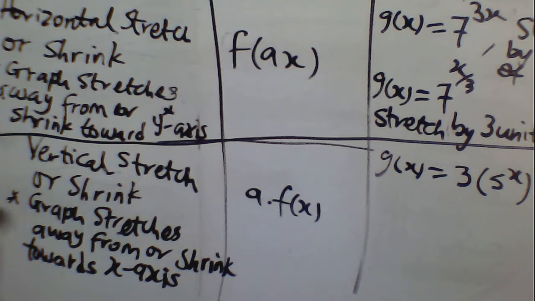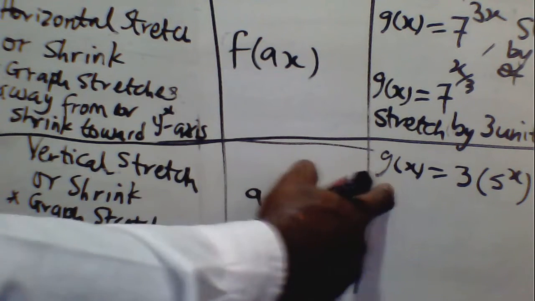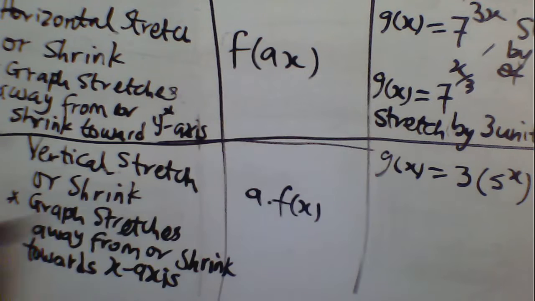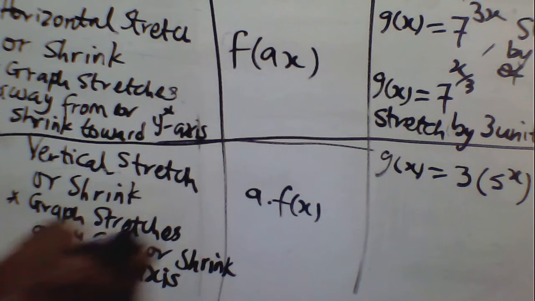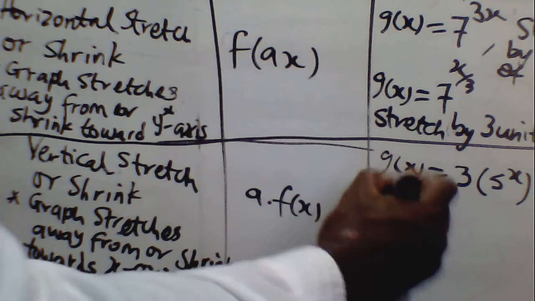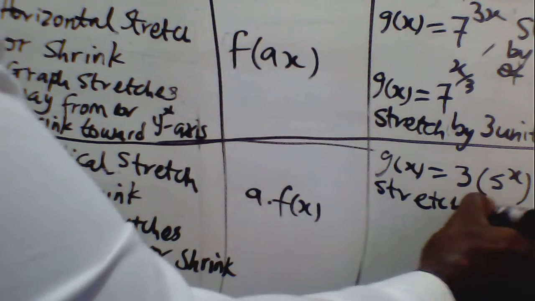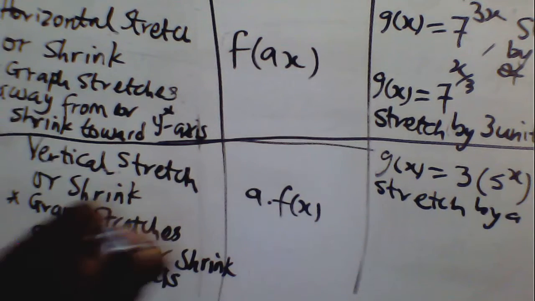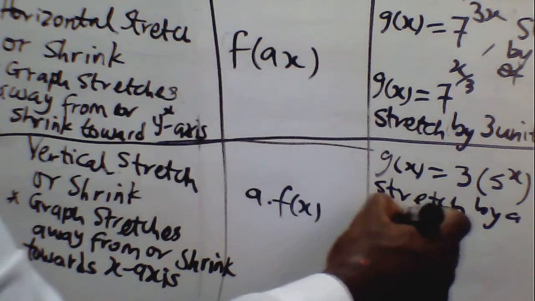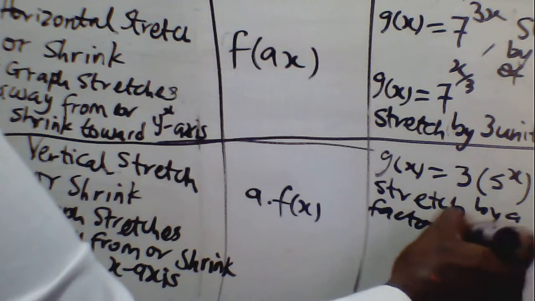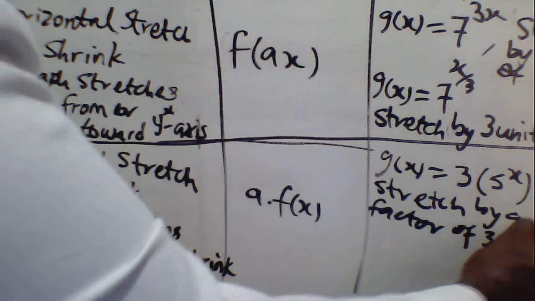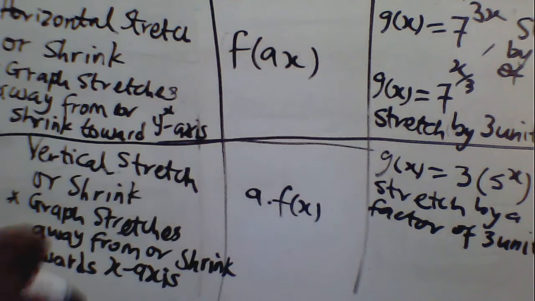We don't apply reciprocal in vertical. So g of x is 3 times 5 raised to power x. So it stretches by a factor of what? 3 unit. So it stretches by a factor of 3 unit.